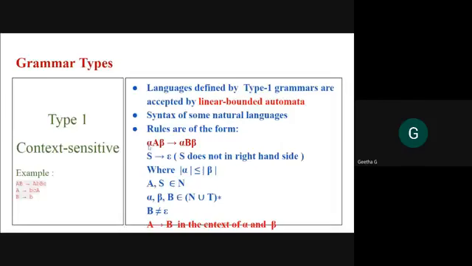What context? With alpha and beta. Only with the prefix alpha and suffix beta will A be replaced with B. Is that clear? That is context sensitive grammar.